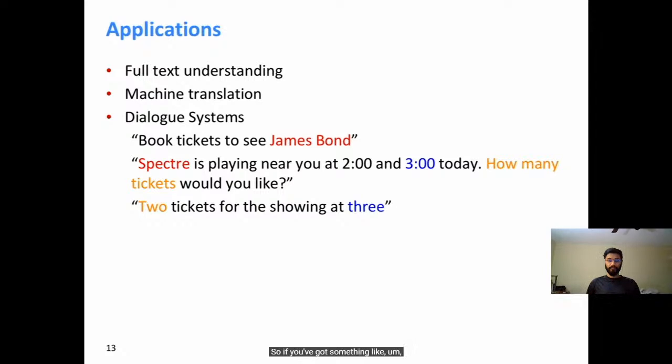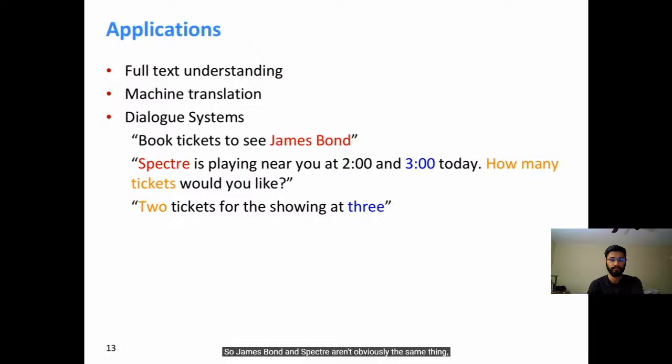So if you've got something like book tickets to see James Bond, then you want to say something like Spectre is playing near you at 2 and 3 today. How many tickets would you like? 2 tickets for the showing at 3. As shown in the color, there are various kinds of reference going on here where things have related reference, but it's kind of complicated here, and this is something that we'll come back to in a moment.